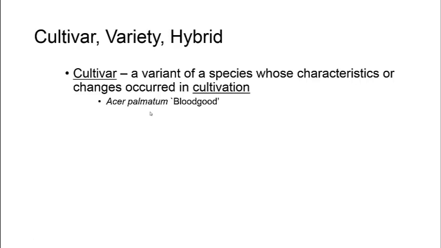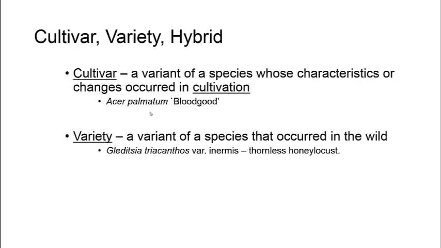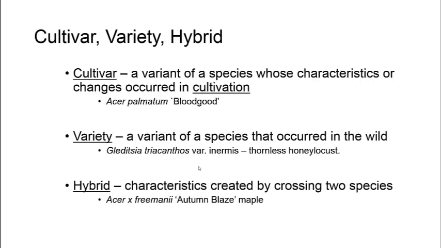Bloodgood is the cultivar, a proper name, so it starts with a capital letter and is in single quotes. Variety is the same way, where the genus and species names are both in italics with the generic name capitalized, and inermis should also be underlined or in italics. With hybrids, both the generic name Acer and freemanii are in italics, and 'Autumn Blaze' as the proper name is not in italics but is capitalized and in single quotes.